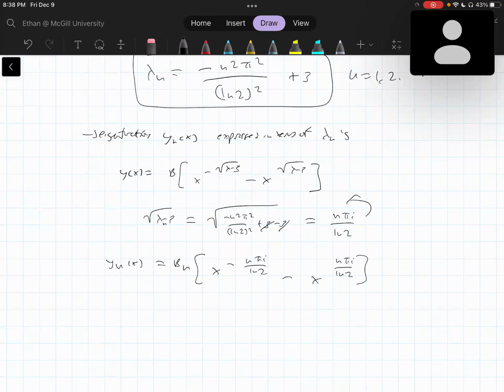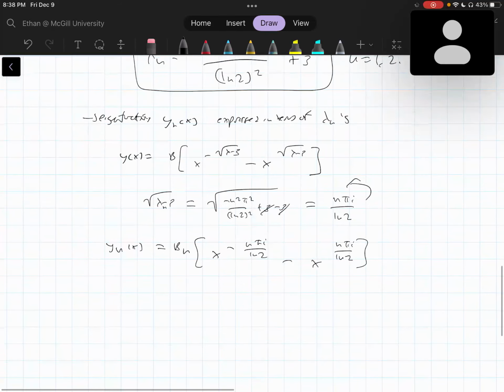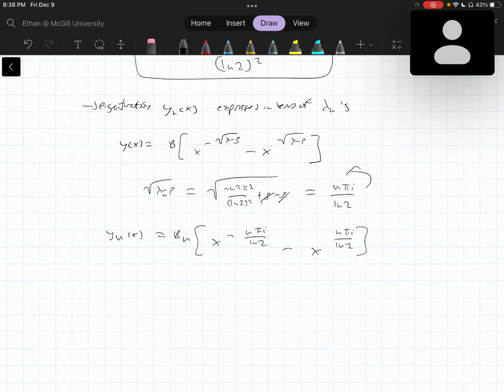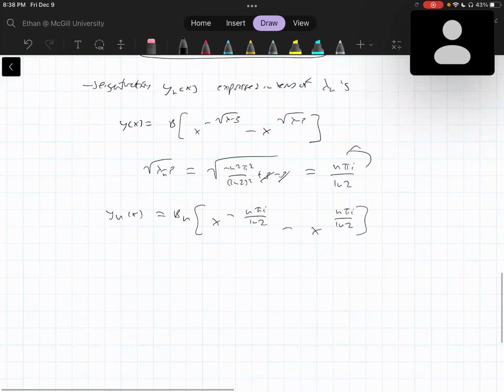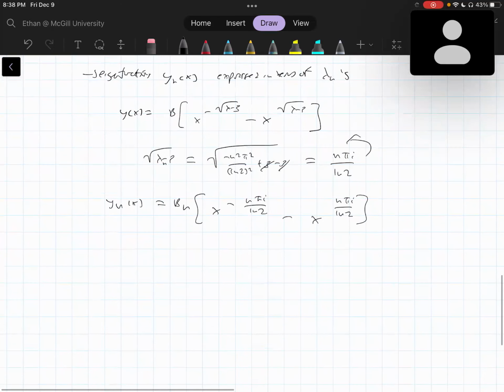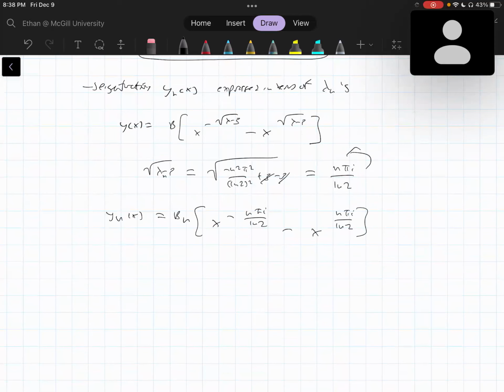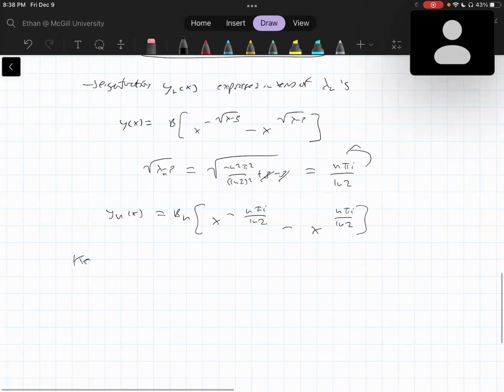Okay, so we're almost there. This can be simplified further, which we'll always want to do in this type of problem. And the way we're going to do this is using the key definitions of cosine and sine. So I'm going to write these out here. These are properties of cosine and sine.